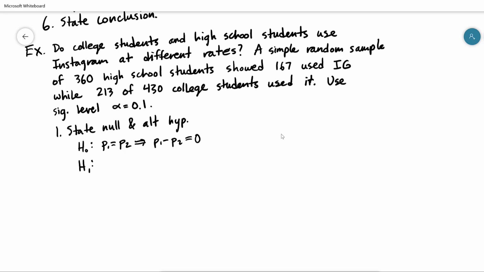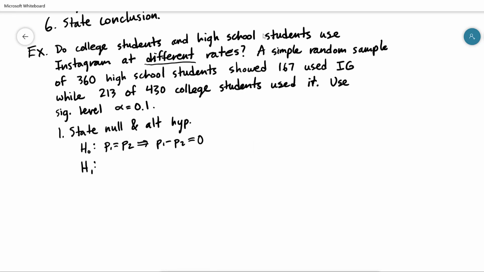And the alternate hypothesis, based on the phrasing of the question here, it doesn't ask are college students more likely or are high school students more likely. It just says, does it differ at all? So the key word is different. The fact that we're just interested in whether the rates are different, not whether one is bigger than the other, tells us that this is a two-tailed hypothesis.